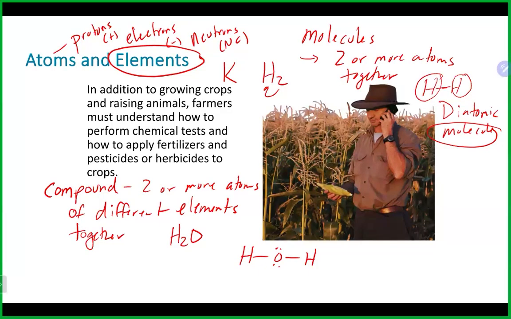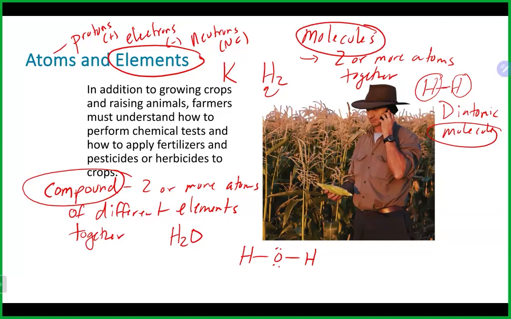Water is also a molecule because it meets the general definition of 2 or more atoms together. So water is a molecule, water is a compound. Water is not an element because it is not just one element by itself, right? There's hydrogen and oxygen there, so it's not an element. So something like water is a compound. It is a molecule, but it is not an element.